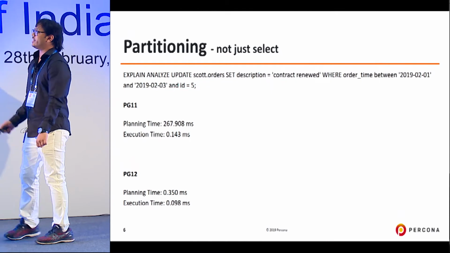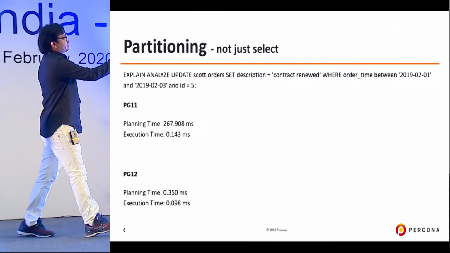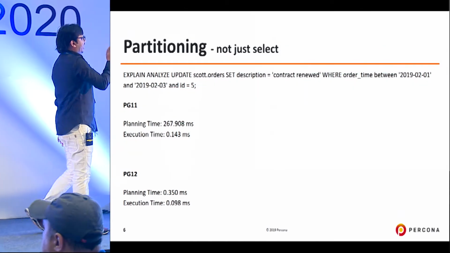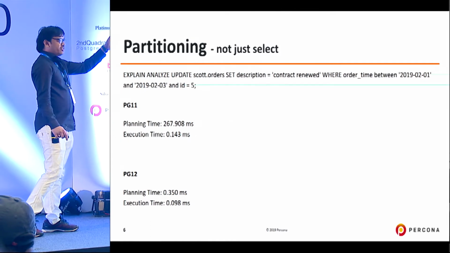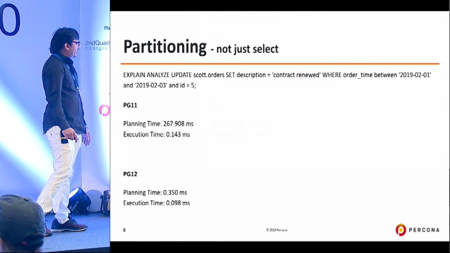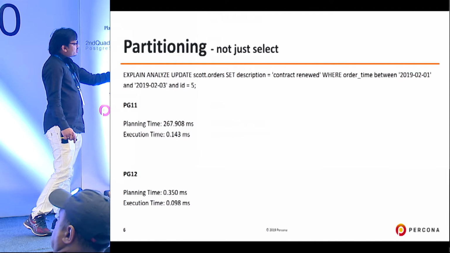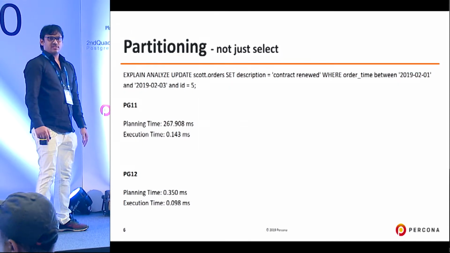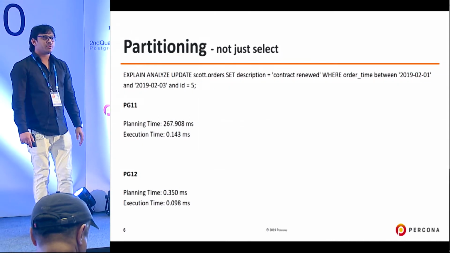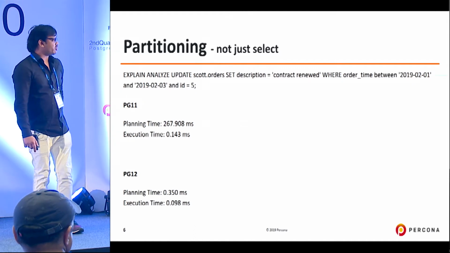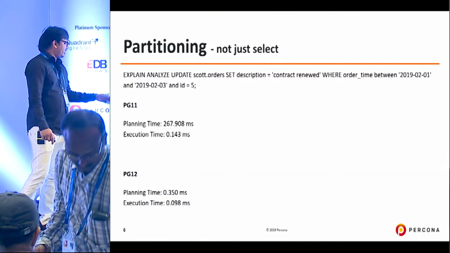And it's not just select. I've also done an update, and if you explain analyze and look at the planning time, it's a lot of improvement, especially when you talk about updates, not just select.